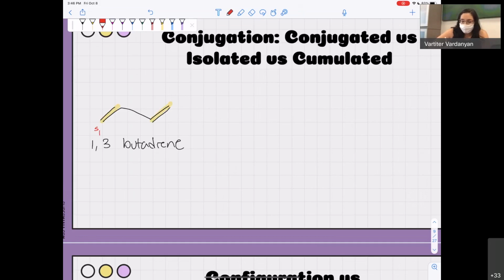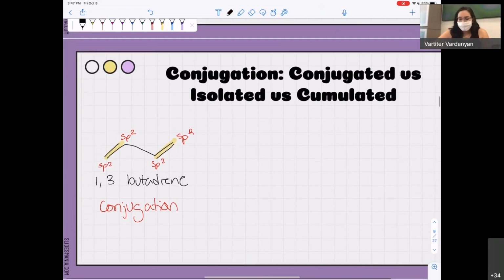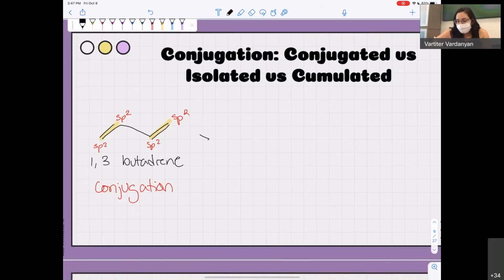And something we have to pay attention to is the fact that all of those carbons are sp2 hybridized. That means that we have conjugation, AKA, the electrons can go throughout the entire molecule because it's entirely sp2. And that is going to be super, super stable.